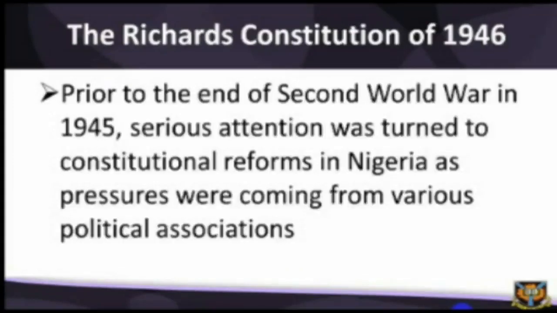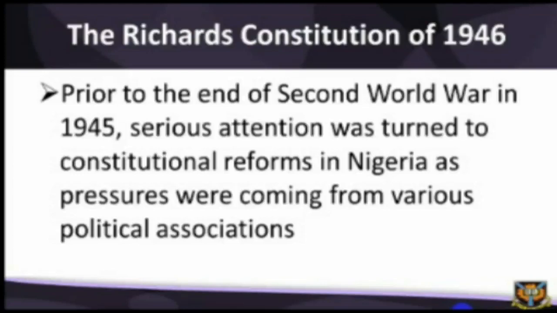Prior to the end of the Second World War in 1945, serious attention was turned to constitutional reforms in Nigeria, as pressures were coming from various political associations, including the trade unions, as well as from Nigerian nationalists.